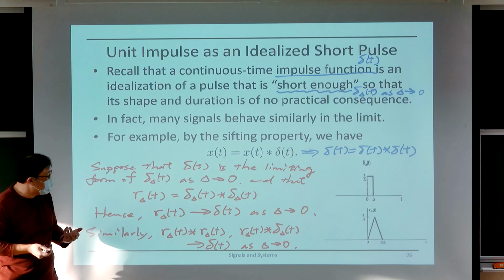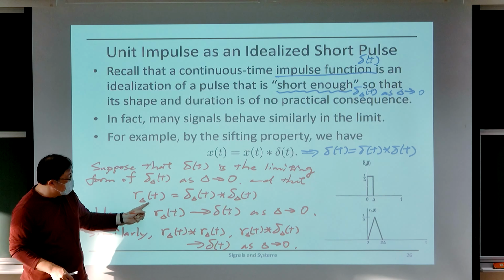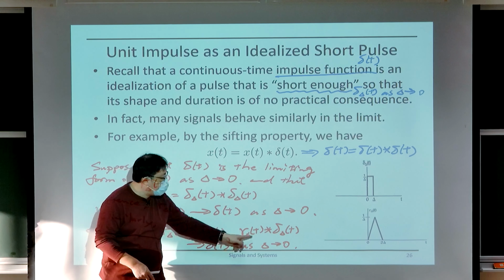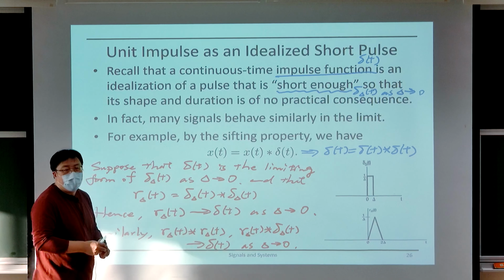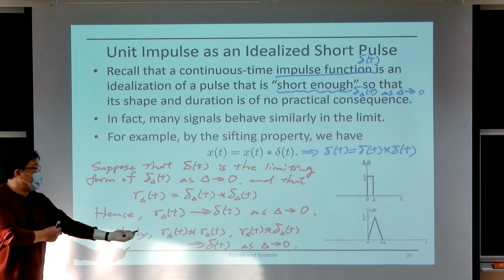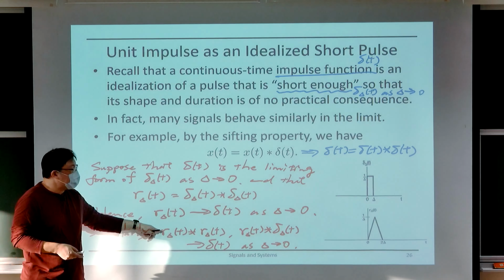You can do this by taking, let's say, the convolution of r with itself, or r and delta, or the convolution of any short pulses of this type that is produced from this operation. Now, what's important is not really how we constructed these short pulses.